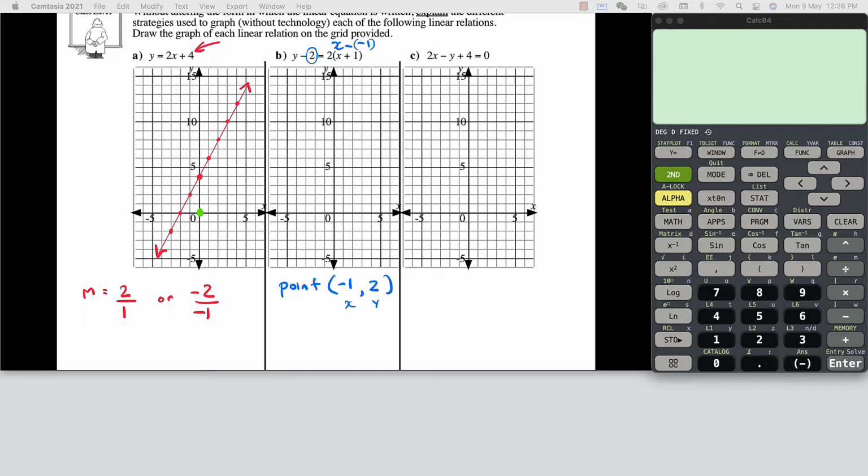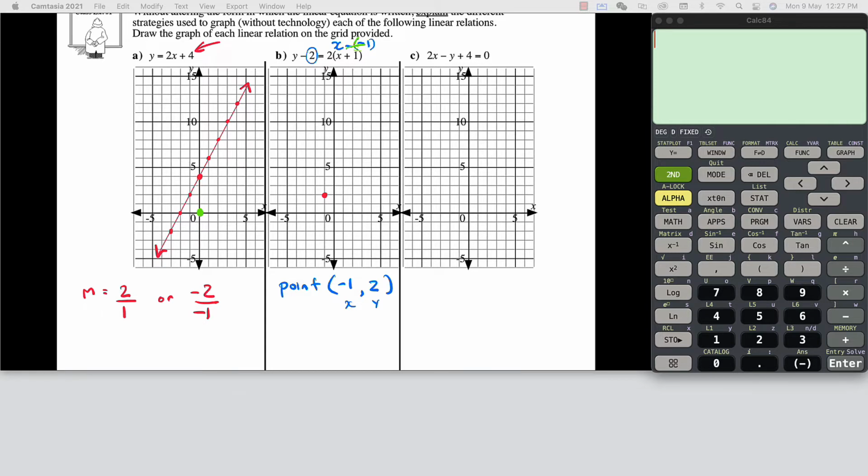So negative 1 is the x point or x coordinate, and the minus and negative together are going to change that into a plus. Okay, so I now know there's a point on here at negative 1 in the x, 2 in the y. So negative 1, 2, there is a point right there.